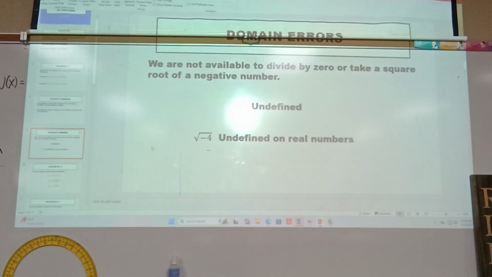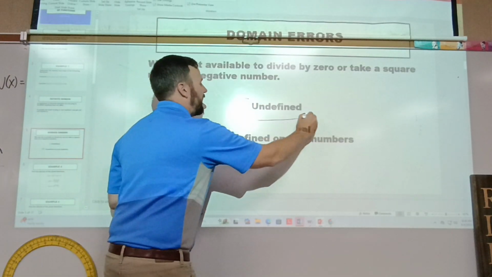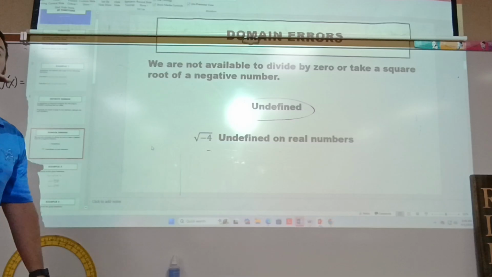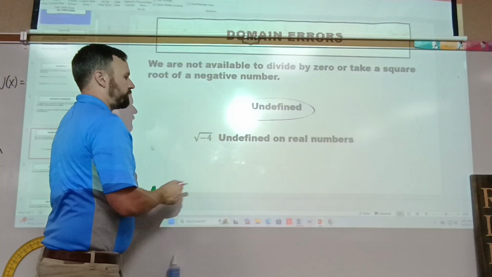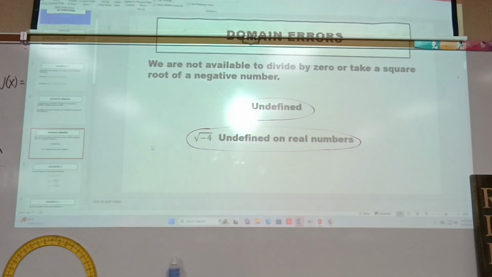Number 1, I cannot divide by 0. That will break up my domain. Right? So if x is on the bottom, it can't be 0. When you graph that, it doesn't exist at that spot. And also, we are dealing with real numbers. I cannot square root a negative number.